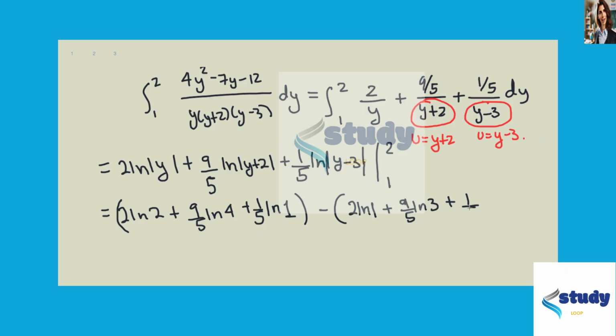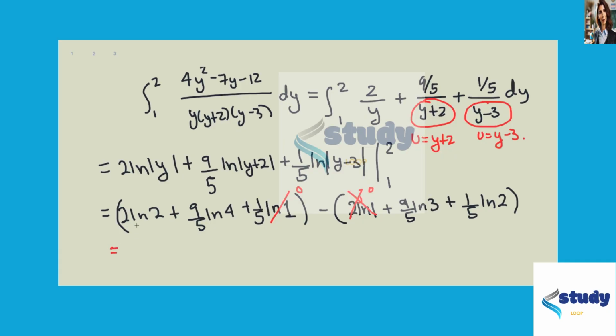We have 1/5 natural log of minus 2, but then we take absolute value, that's a 2 there. And now we cancel and simplify as much as we can. We know that natural log of 1 is 0, so these go away.